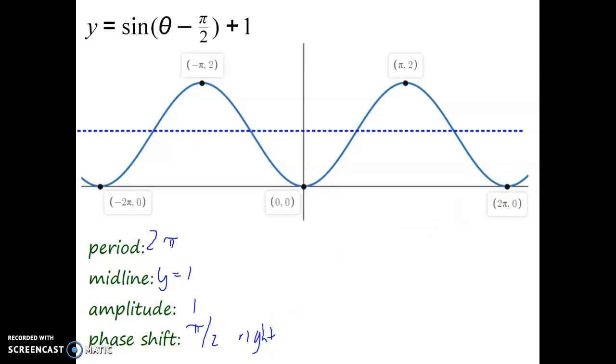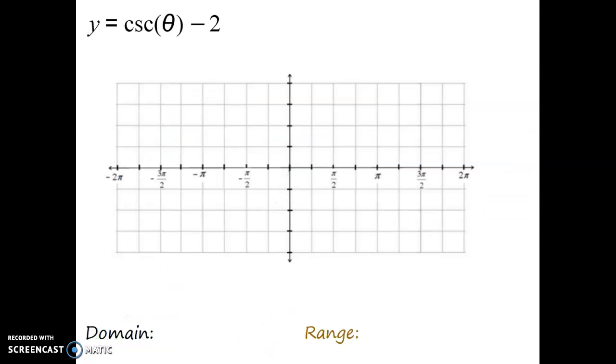Okay, let's try another one. Let's try cosecant. This one I'm going to shift down 2. Remember, cosecant is the reciprocal of sine. So I'm going to sketch in sine, and then flip cosecant from there. My midline for sine would have been at 0, but it moved down 2.